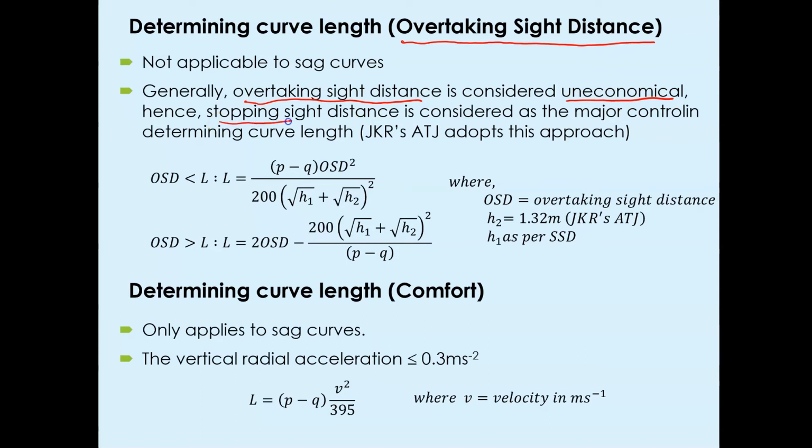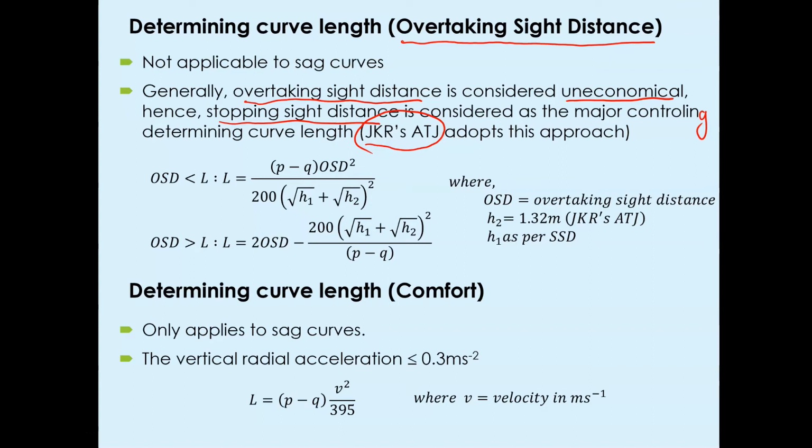Most likely the stopping sight distance is considered the major controlling factor to determine the curve length. I think JKR's ATJ adopts this approach or philosophy. So again, similar.